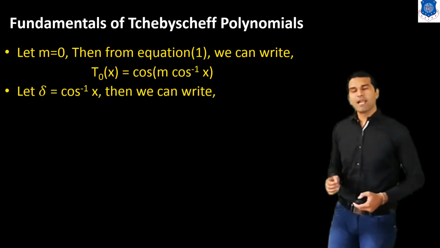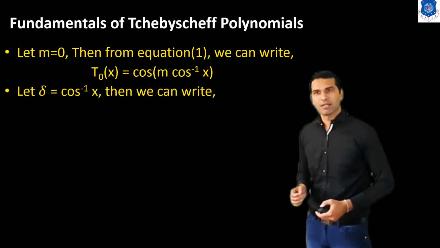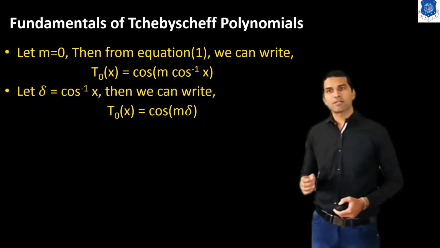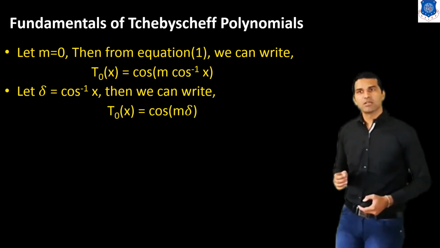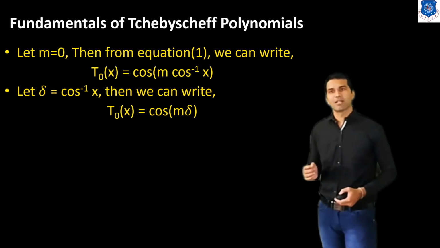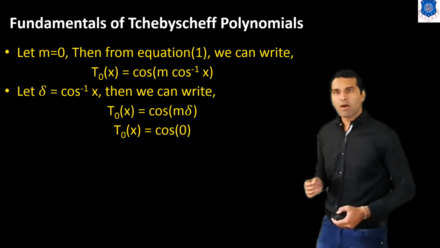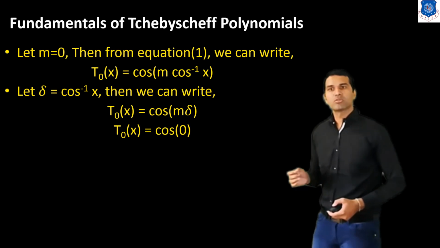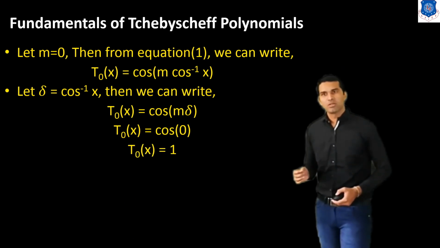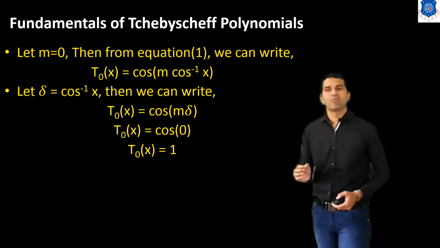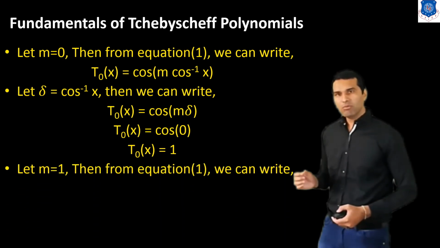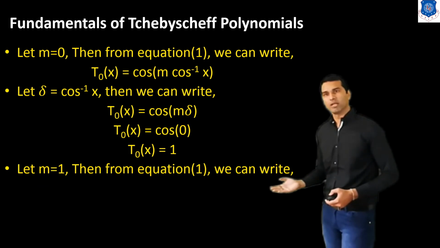Let us consider delta equals cos inverse x, so T0(x) becomes cos(m delta). Here m equals 0, so it becomes cos 0, so T0(x) becomes 1.